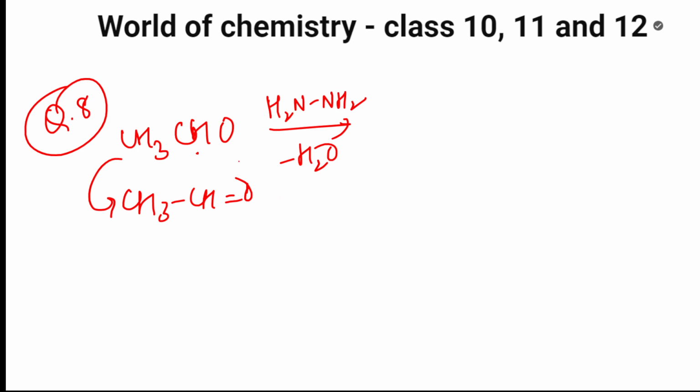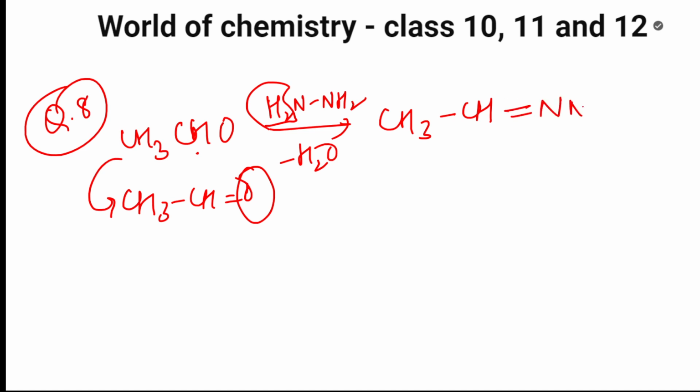From where will I remove? First of all, your CH3, write it directly, your CH. Now careful, your hydrazine from here, this hydrogen and this oxygen comes out. Okay, and the double bond will be retained. How is it retained? It is retained in this form. Okay, this is called what?